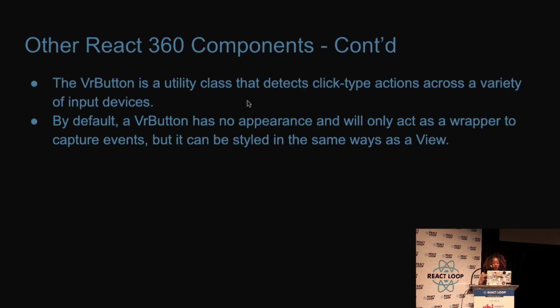It's a utility class that detects click type actions. The event handling is also pretty familiar. The event handling that you would use for React 360 is basically what you would use for React.